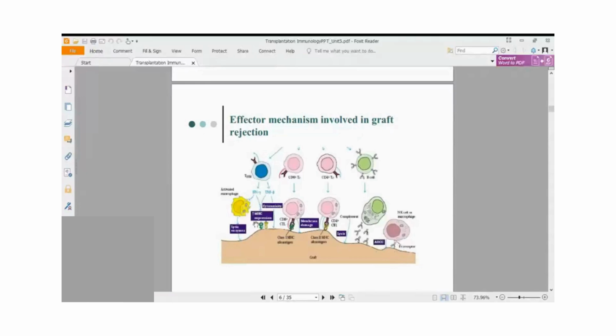At the same time, the DTH response that has begun, that is delayed type hypersensitivity through Th1 T cells, will be secreting inflammatory cytokines, and those cytokines will keep the macrophages of the recipient active, and those macrophages will secrete lytic enzymes and damage the grafted organ.